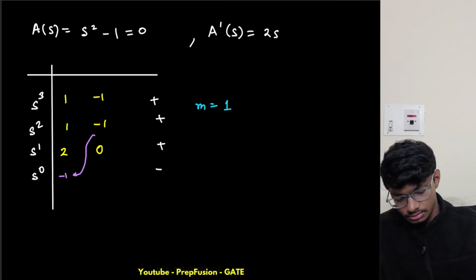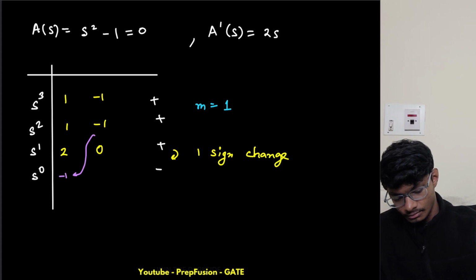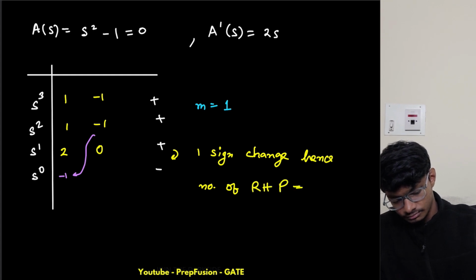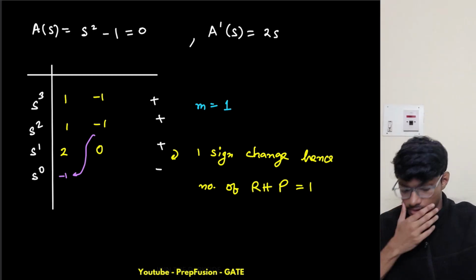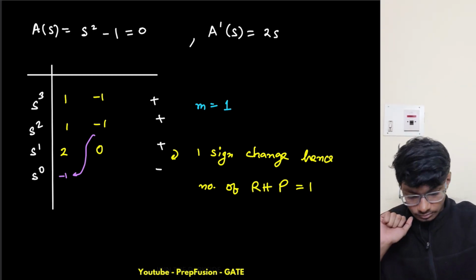Hence, the number of right half poles equals 1 itself. So yeah, that is this one.